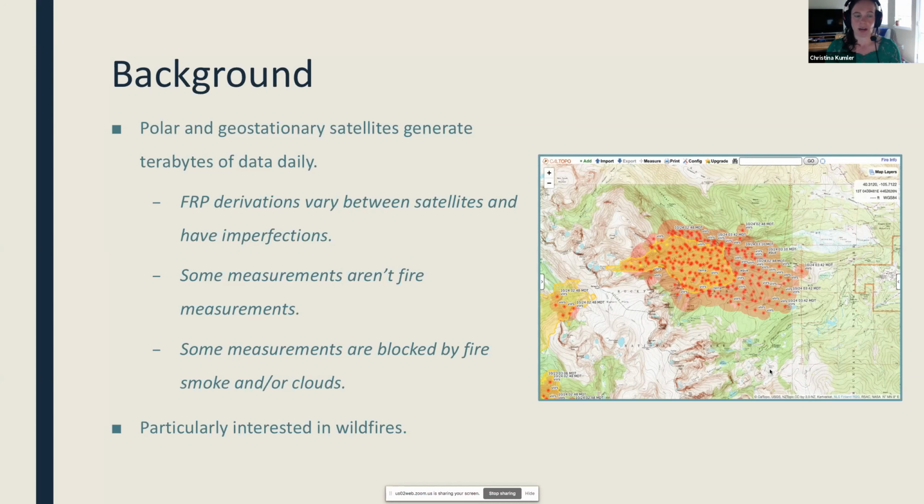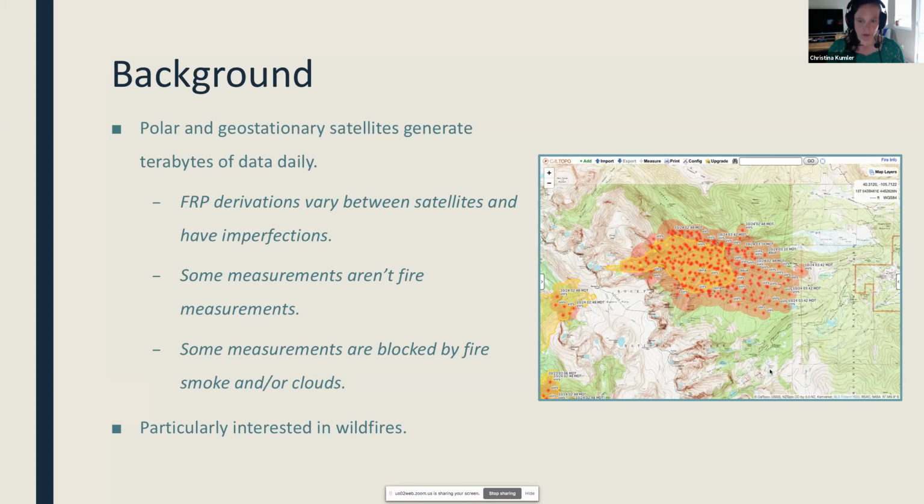So if you have a high resolution polar satellite, you tend to have more reliable FRP measurements that are of lower magnitude, but then when you aggregate it over the whole fire, you get a representative fire radiative power. And then geostationary satellites take this data at a more frequent interval over some region, but they're not as high resolution, which means that they can often be smoke blocked or weather blocked, and then you can't derive an FRP value from a grid cell.